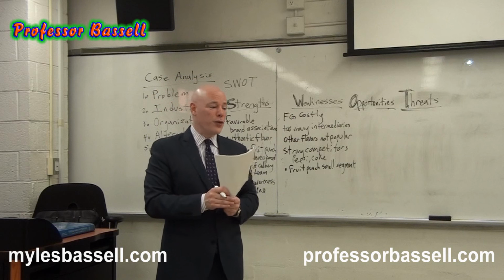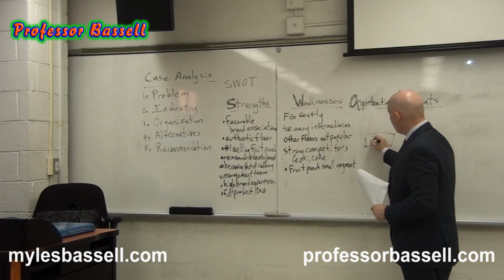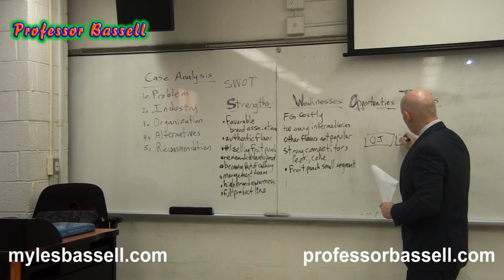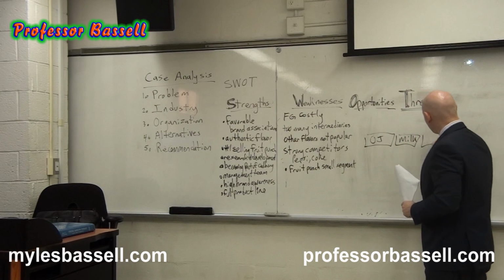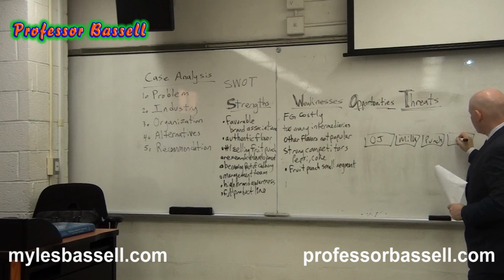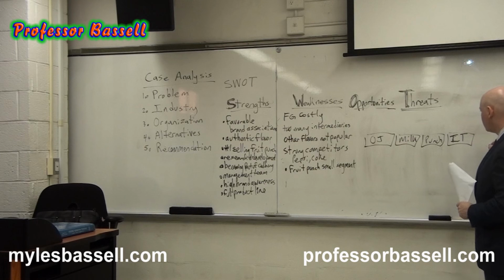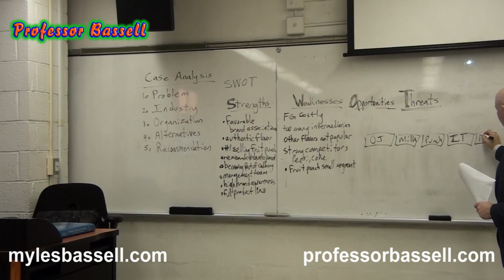So the fruit drink category itself, if we look at the beverage market the way we were just discussing it, we have orange juice, milk, fruit punch, iced tea, beer, soda.